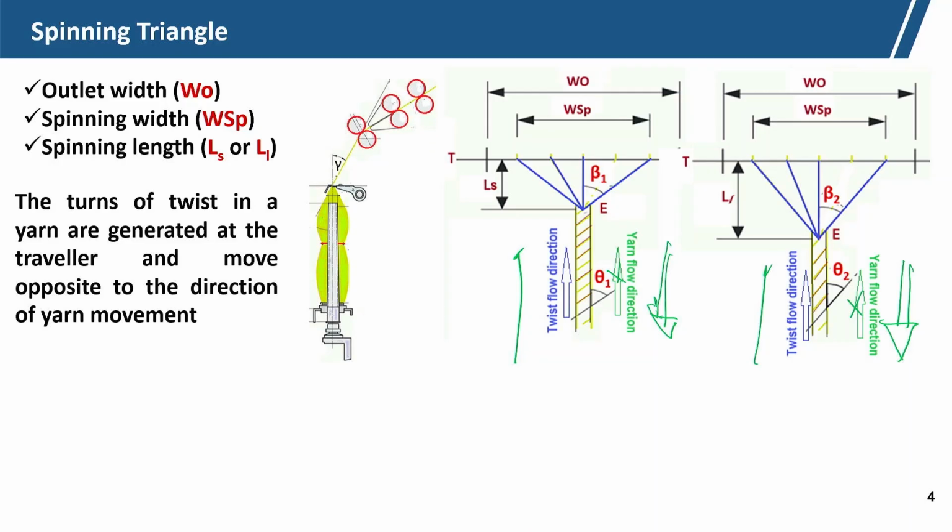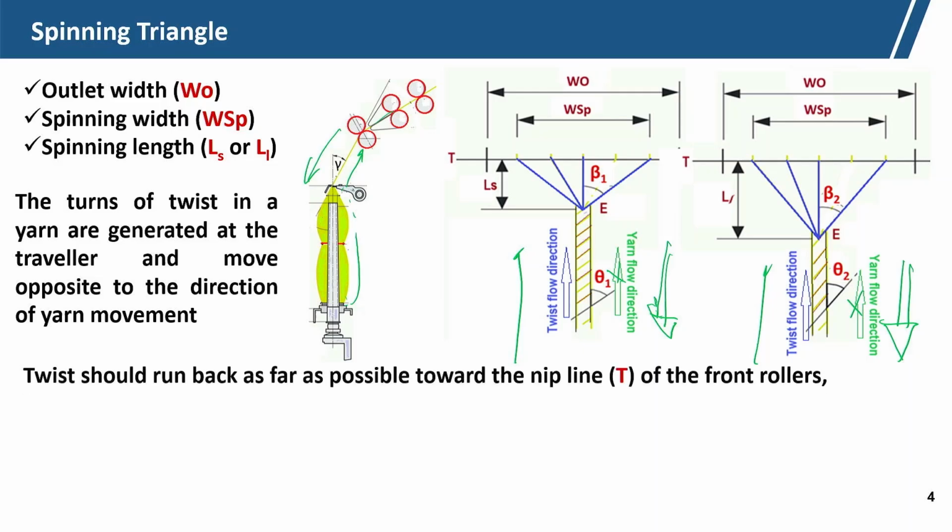Now, here you can see the yarn flows out in this direction from the front roller nip, and twist is generated at the ring traveller zone, and through the lappet it goes towards the nip point. Twist should run back as far as possible towards the nip line.